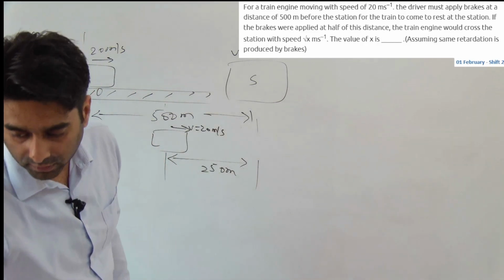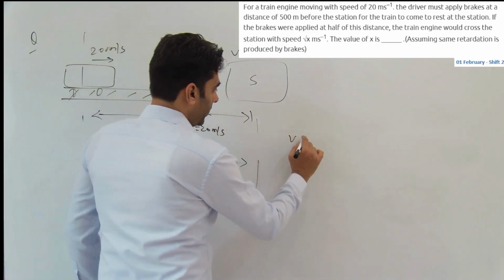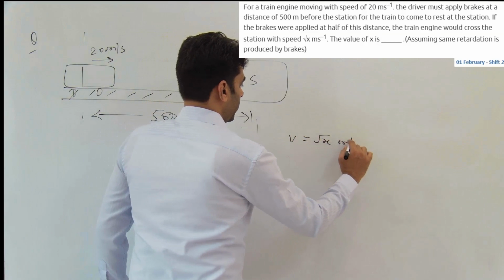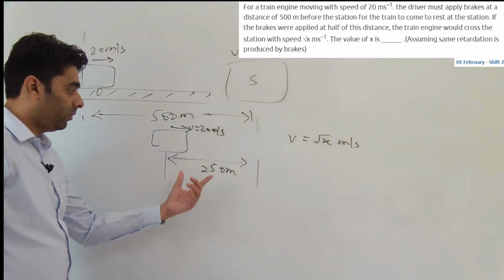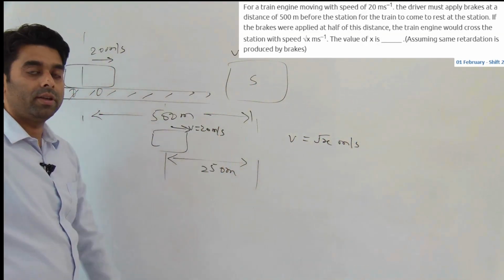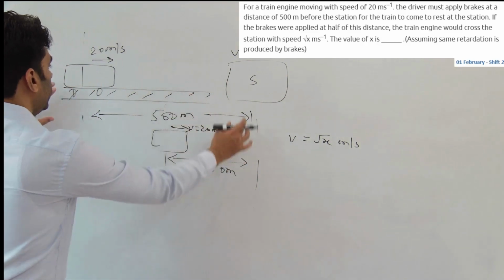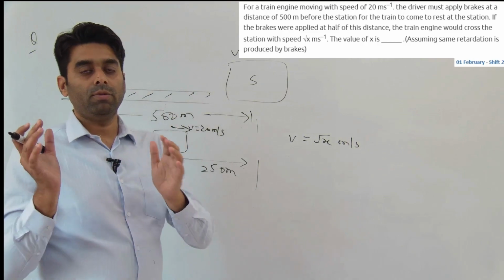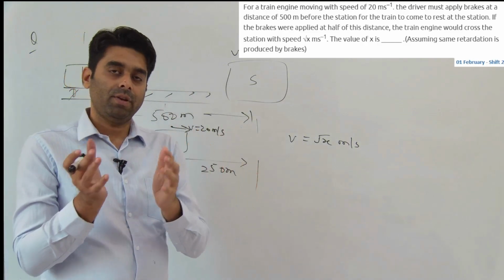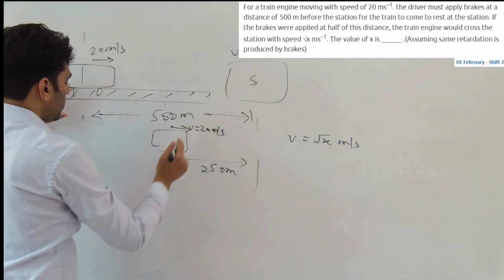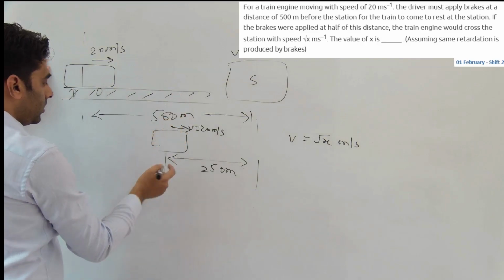The value of x is, fine. So with what speed will the engine move through the station in situation 2? This question is basically motion with constant acceleration, based on your equations of motion. So in situation 1, we can use our third equation of motion.